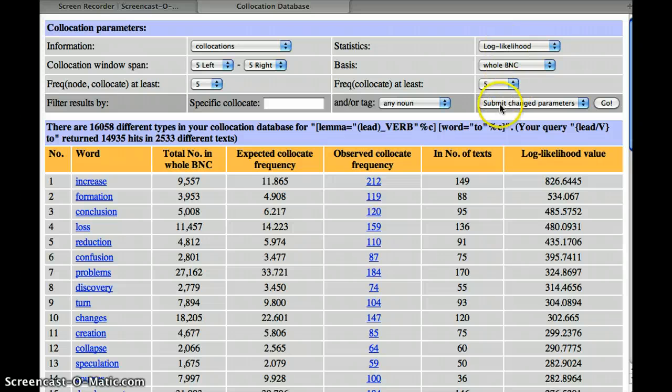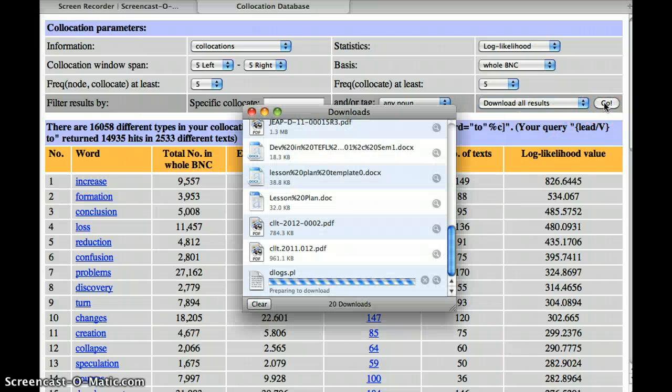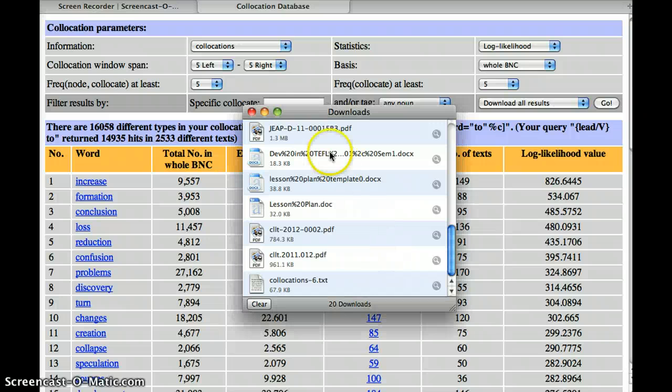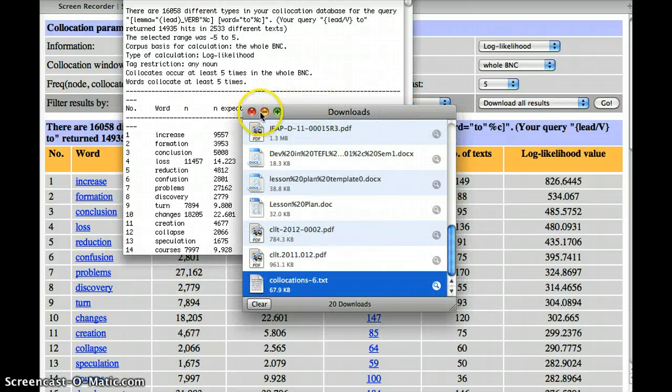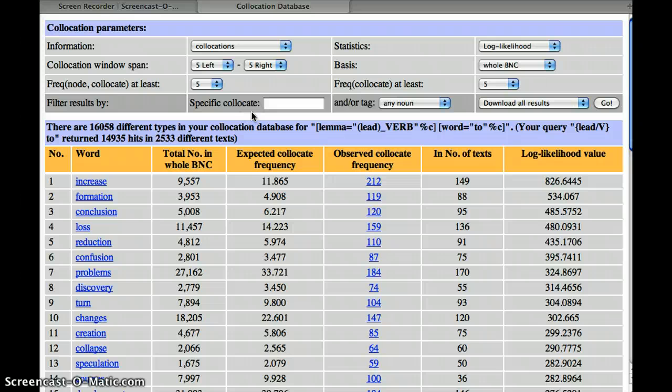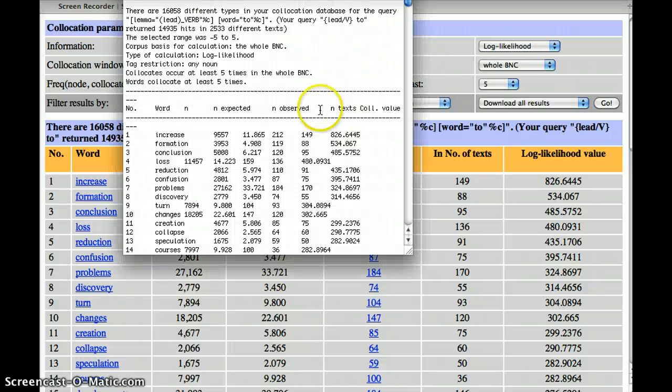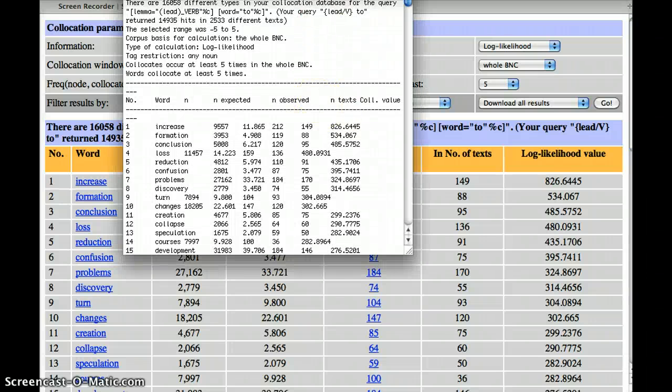You can actually download it, so you remember. Here we are. Okay, so I've got this list so I can remember which words are there.